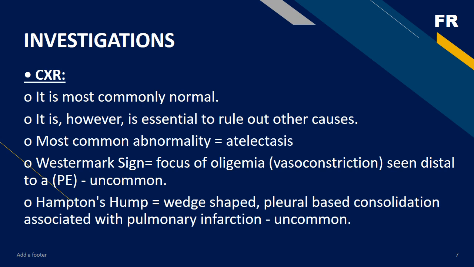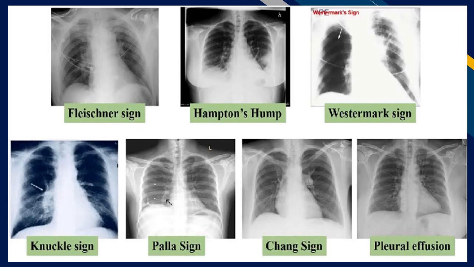It is also uncommon. I have pictures attached. So these are some signs that can be seen on chest X-ray of pulmonary embolism, but as I have told you earlier, these are uncommon signs. See Hampton's hump, the pulmonary wedge shape due to infarction, and the Westermark sign.